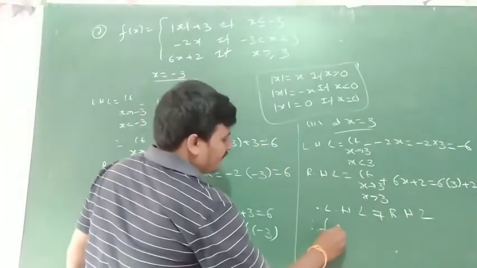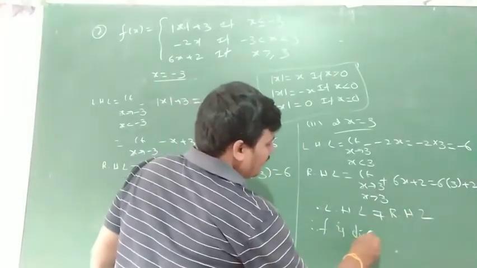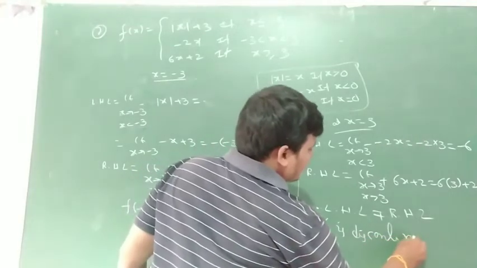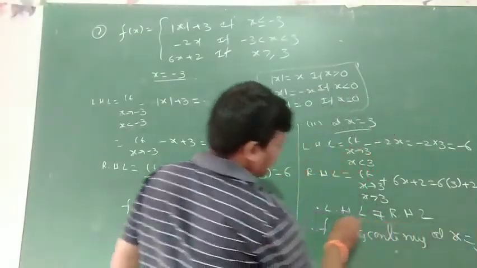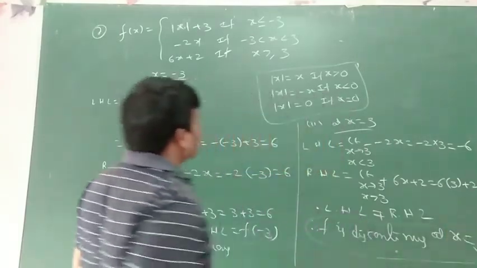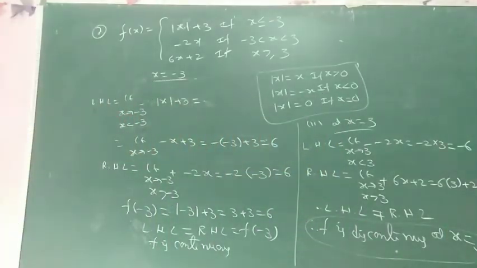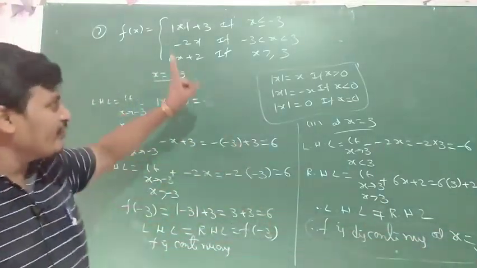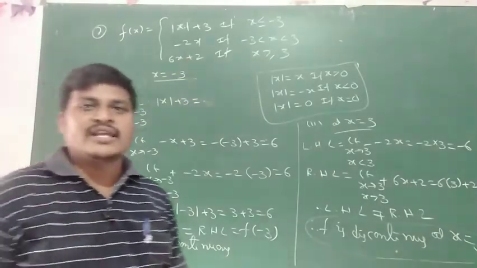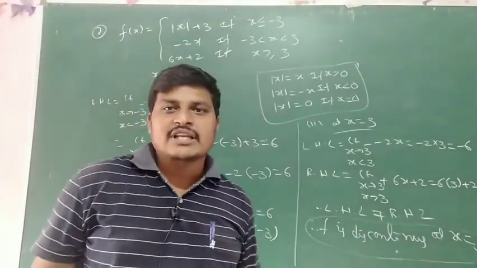So f is discontinuous at x is equal to 3. This is the final one. How many discontinuous points in the given problem? Only one point. 3 is the discontinuity of the given function.